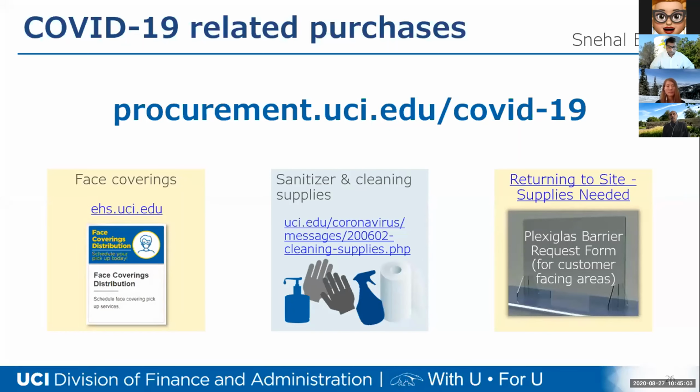If you can take your equipment that is in the office to use at home, you can also do that. Obviously, make sure you follow all the protocols for safety, wear face masks and face coverings, and have the physical distancing orders in place. But you can pick up that equipment. Again, make sure to fill out the equipment leaving campus form that is also available on our procurement website.